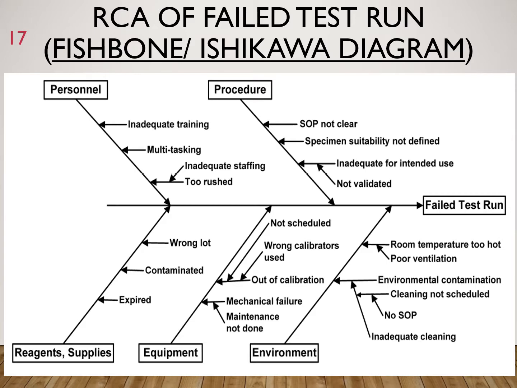The environmental factors leading to a failed test run are environmental contamination due to inadequate or irregular cleaning, lack of SOPs for decontamination, or poor ventilation and temperature control in the room. Preparing a fishbone analysis will guide you to identify the root cause of any gap or nonconformity.